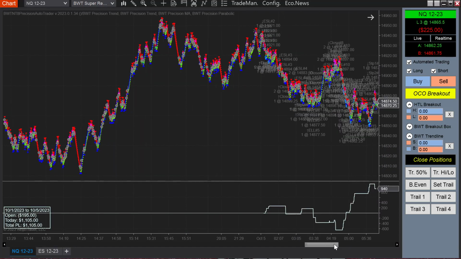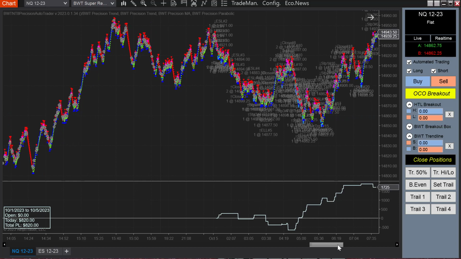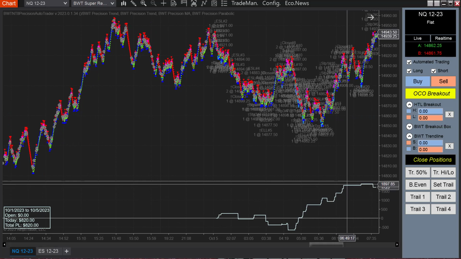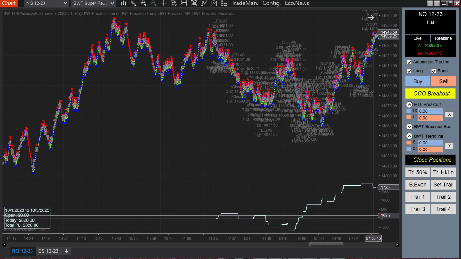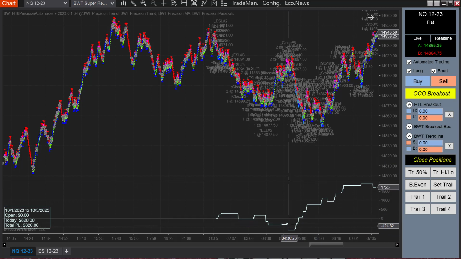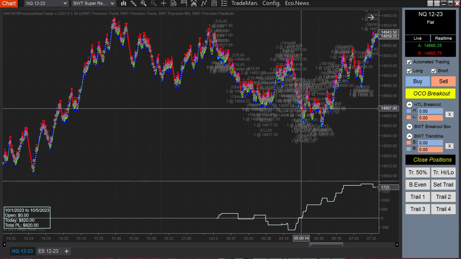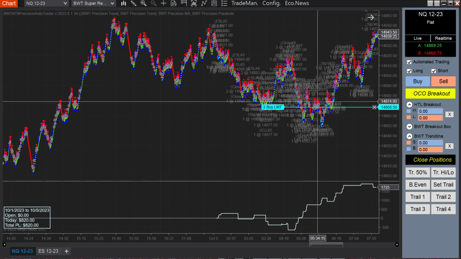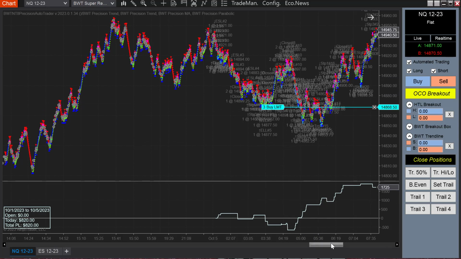So I'm just going to scrunch this up and look at our equity curve here. We made a high of 1905, so the best time to trade on this particular day was starting around 4:30 a.m. And by 7:30, you had a pretty good run, shorts and longs here.